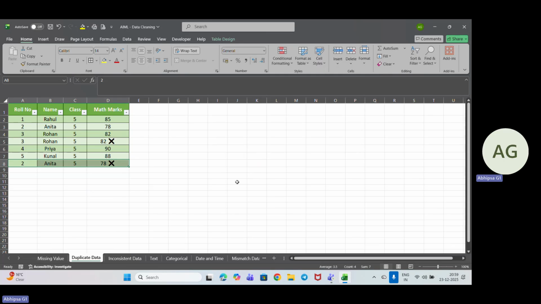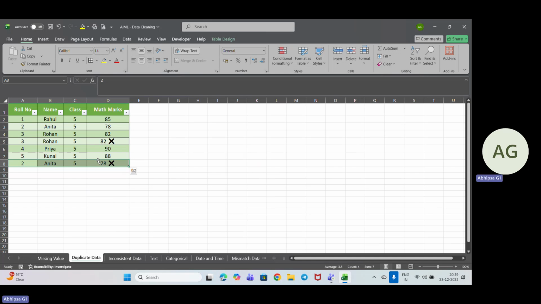Duplicate data means the exact same information, to be very precise, that appears more than once, right? The same student record we have got more than once, for Rohan and for Anita. So this needs to be handled accordingly.